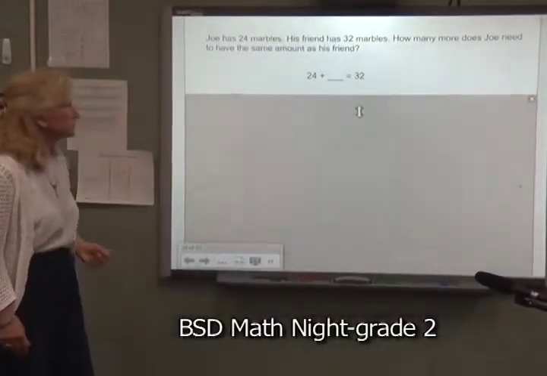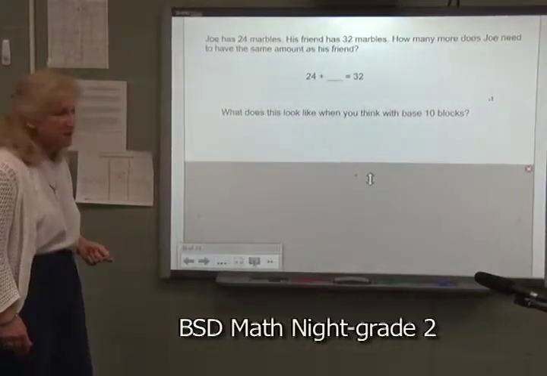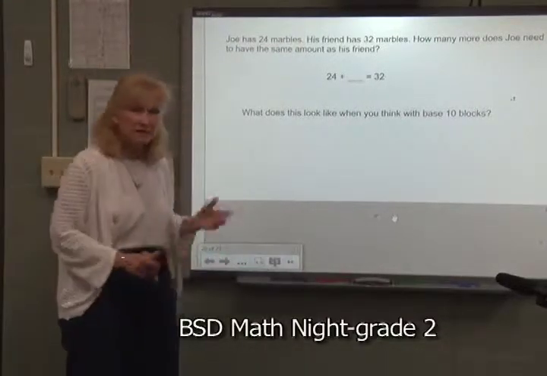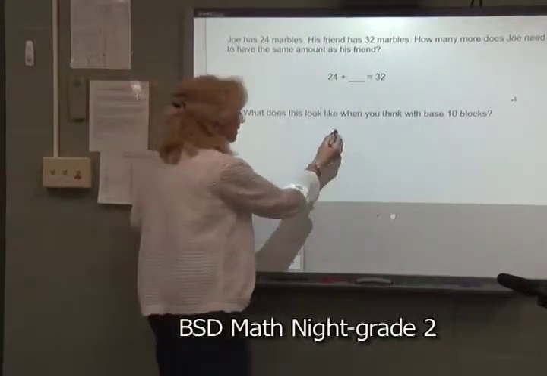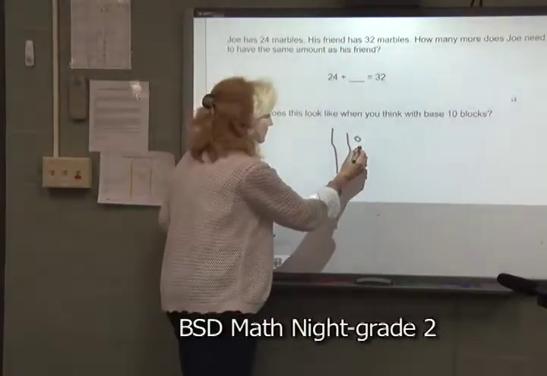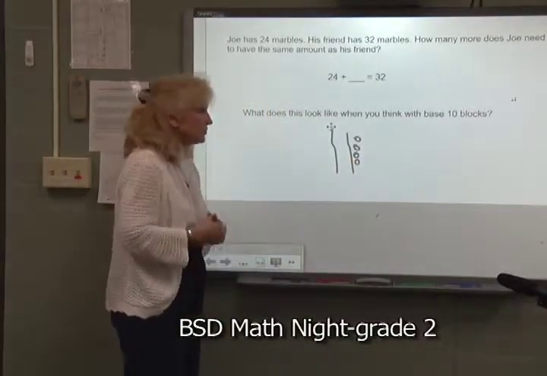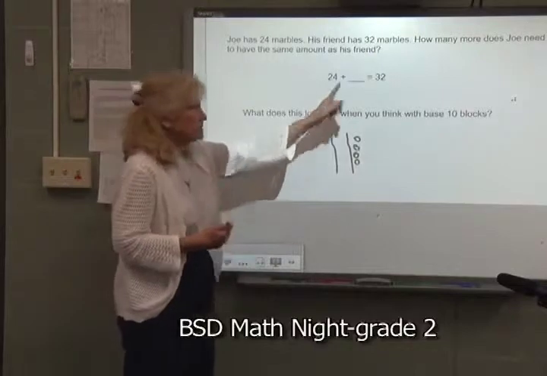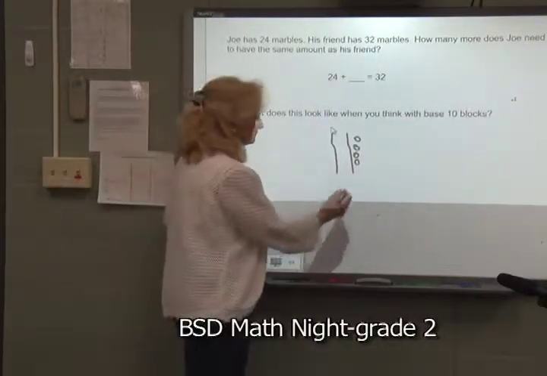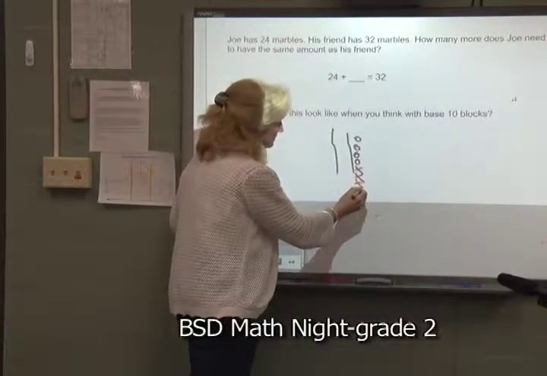Sally? What does it look like when you think with base 10 blocks? Remember, students have access to manipulatives. With base 10 blocks, we would build 24 as 2 tens and 4 ones. The total that we want is 32. 24, 25, 26, 27.